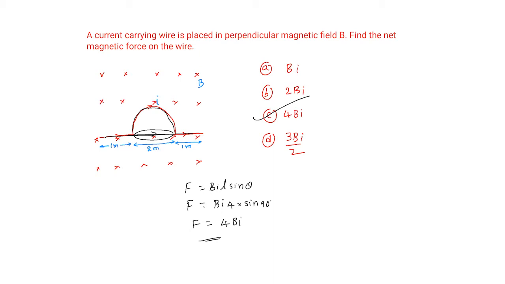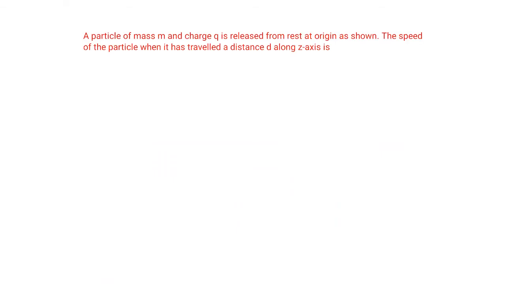Then children, next question. A particle of mass m and charge q is released from rest at origin as shown.